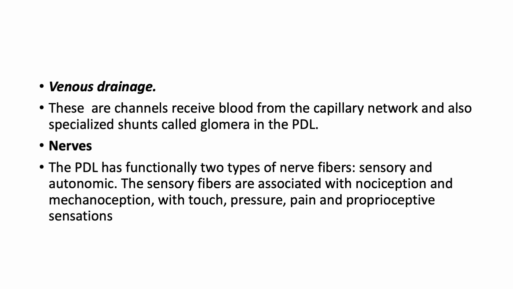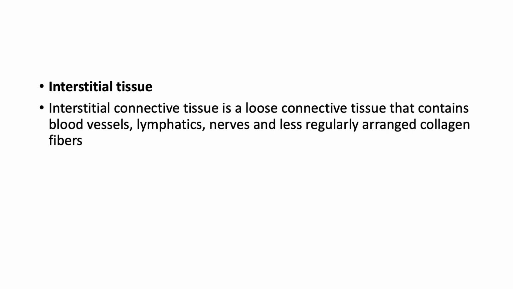The sensory fibers are associated with nociception and mechanoception, with touch, pressure, pain, and proprioceptive sensation. Interstitial tissue. Interstitial connective tissue is a loose connective tissue that contains blood vessels, lymphatics, nerves, and less regularly arranged collagen fibers.